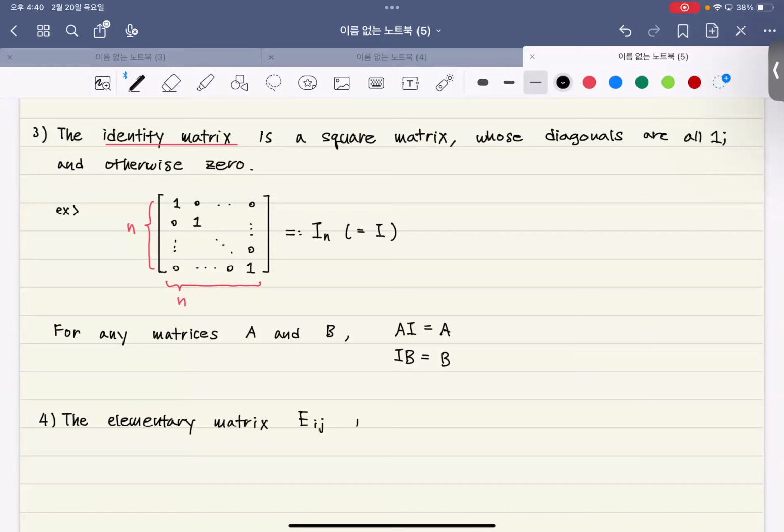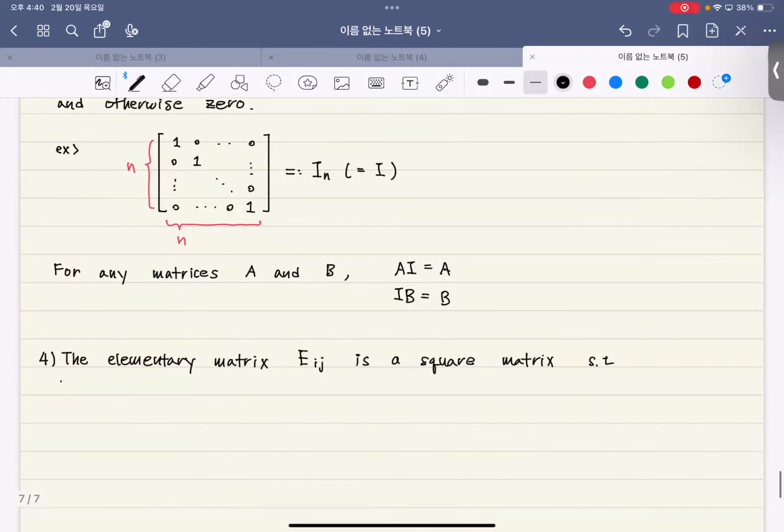E_ij is a square matrix such that all diagonals are 1, and the ij entry is L, which could be any number, could be 0 or any number.